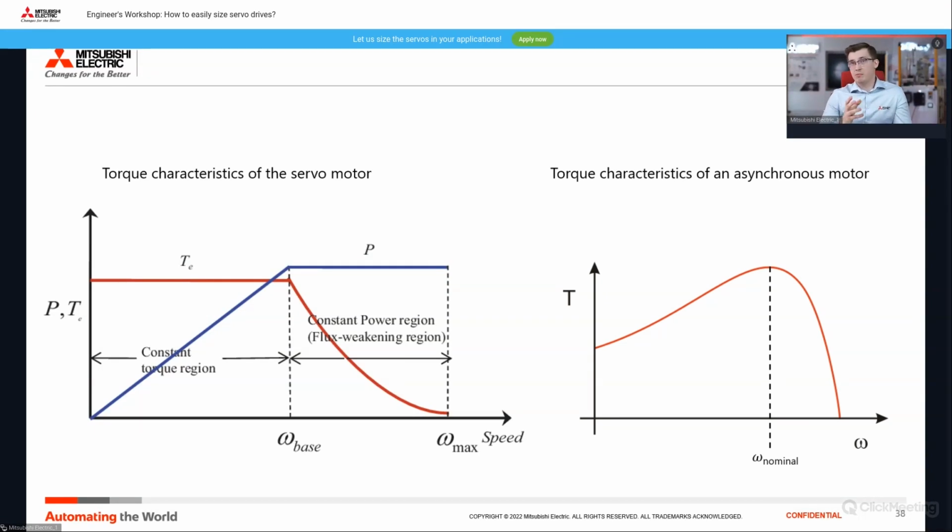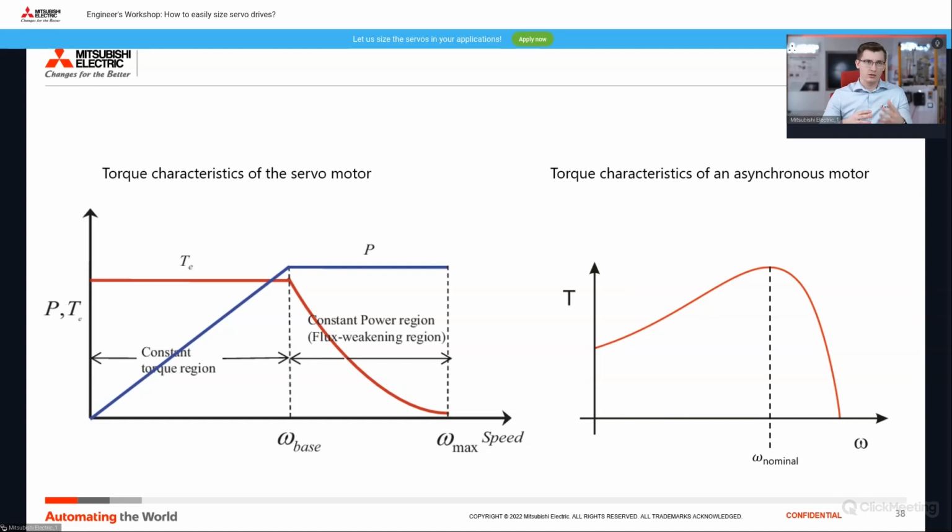And this maybe can answer your questions, because I get a lot of questions like that when, for example, I'm sizing the drives for a client, and we need to go with 600 RPM in the application. So with this motor, we have to use the gearbox only because of the speed.